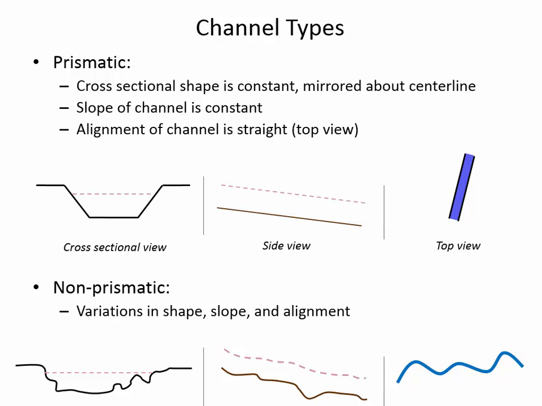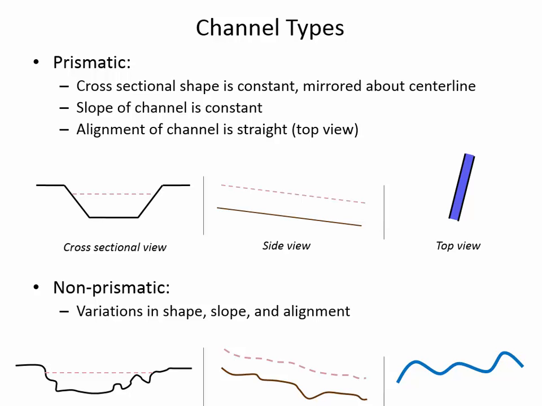A non-prismatic channel may have variations in the channel bed slope. Looking at it from the side, sometimes the river is steep, sometimes the river is flat. Because the slope of the material is changing, the water slope is also changing. The water will get shallower and speed up when it's steep.